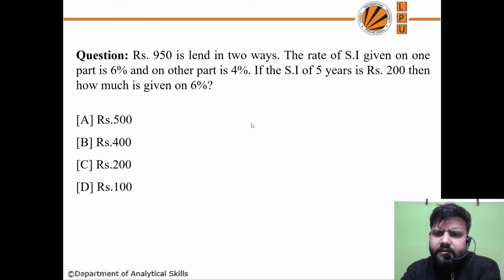I'll prefer options for this also. Yes, it is the same as the last one, but there 1 year was given, here 5 years is given.